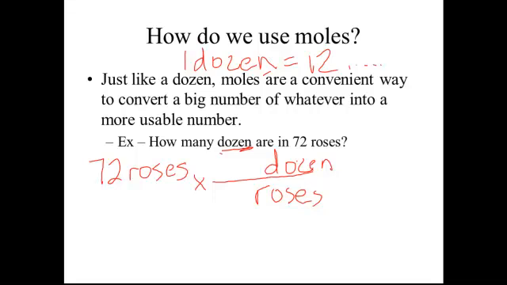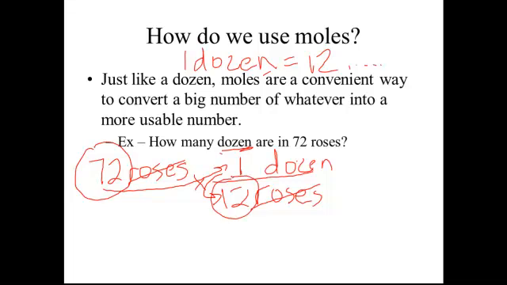We know that 1 dozen equals 12 roses. And so our roses here will cancel out, and then our math is 72 multiplied by 1 and then divided by 12. So 72 times 1 is still just 72. So really our equation here is just 72 divided by 12 equals 6 dozen. Oh, well, that's super easy. Well, of course, we're starting with an easy one to help you get going here.